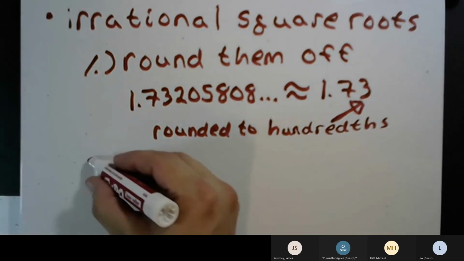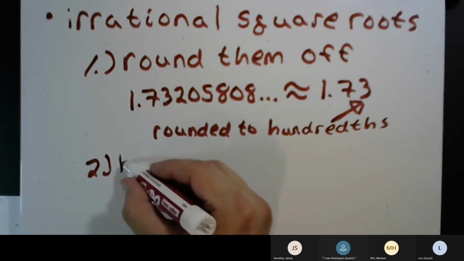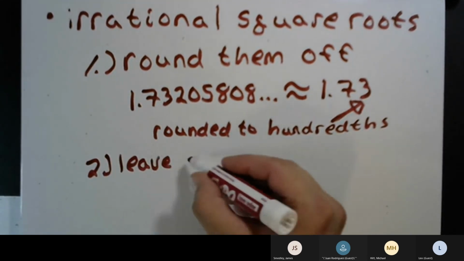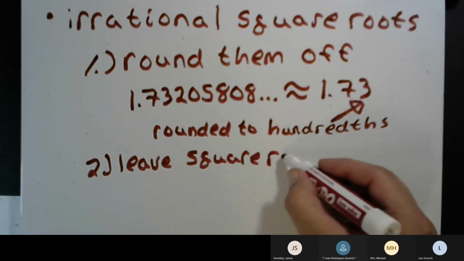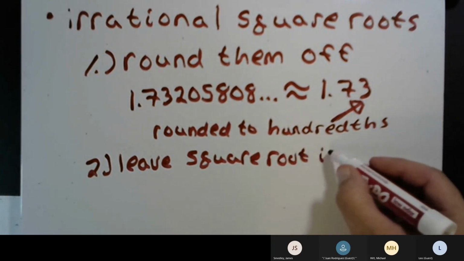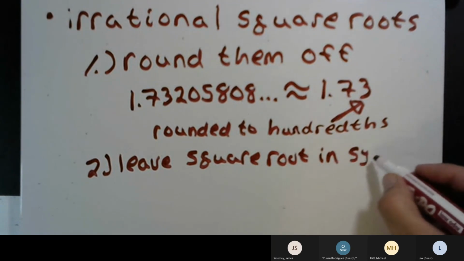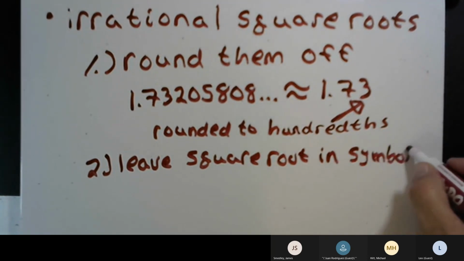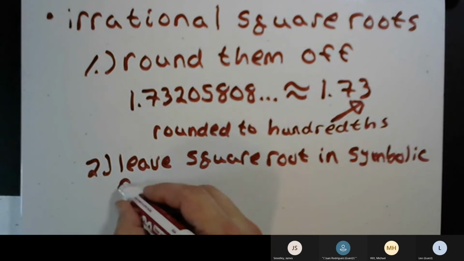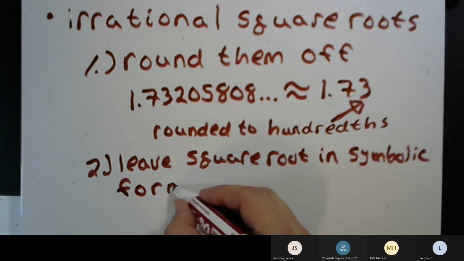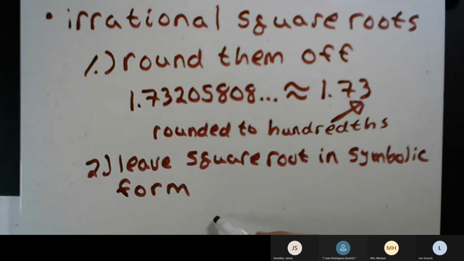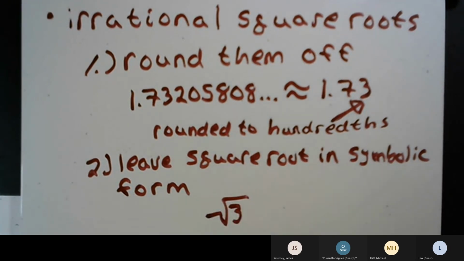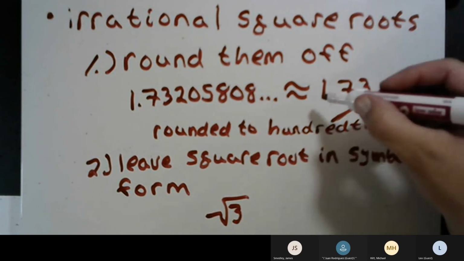The other thing you might do is leave the square root in symbolic form. And so instead of trying to come up with a number, we just might leave it like that and say good enough.